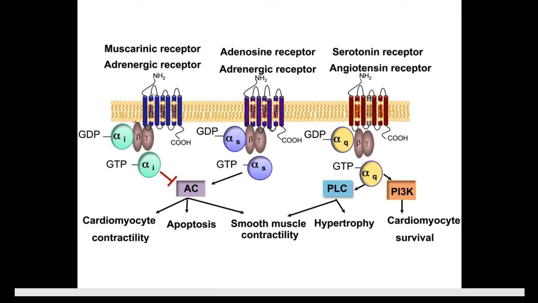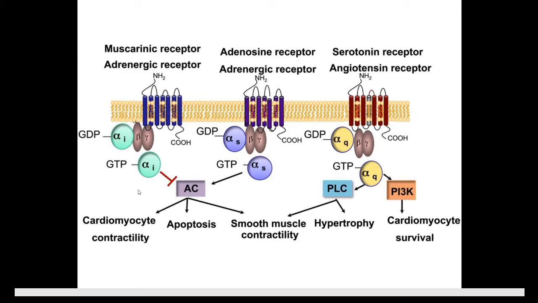The muscarinic receptor and the adrenergic receptor, these two receptors are activated with the G protein.